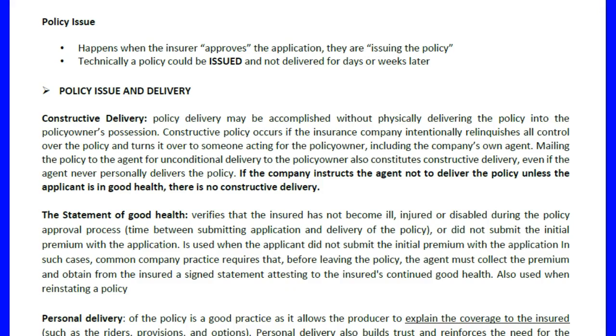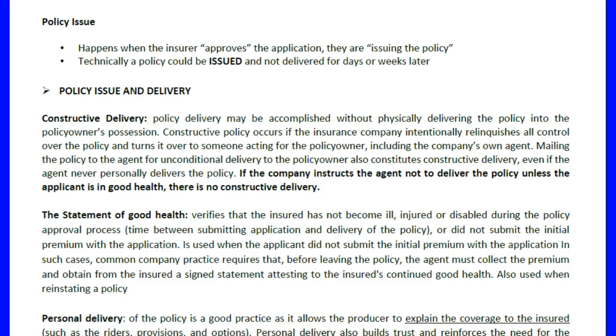If the company instructs the agent not to deliver the policy unless the applicant is in good health, there is no constructive delivery. So what is constructive delivery again? Constructive delivery occurs if the insurance company intentionally relinquishes all control over the policy and turns it over to someone acting for the policy owner.